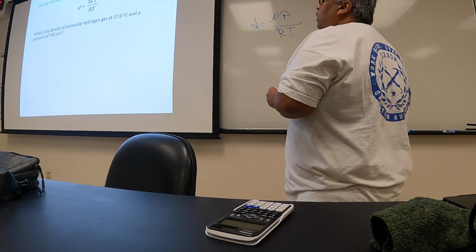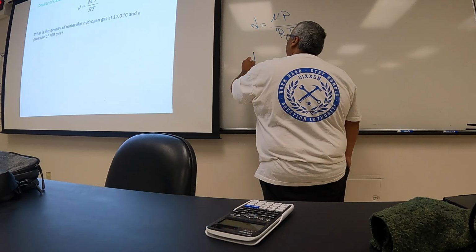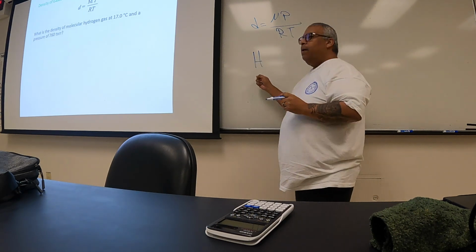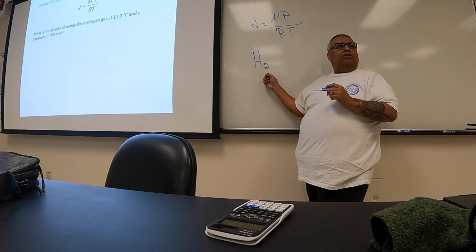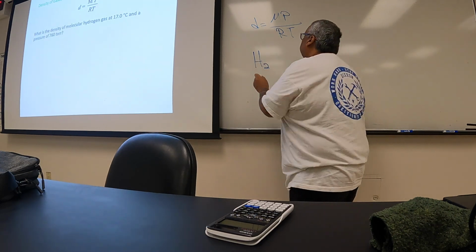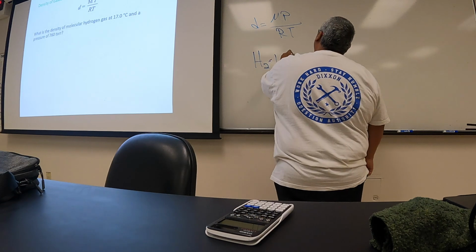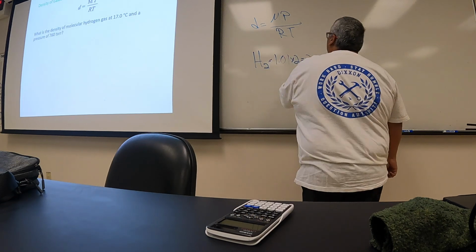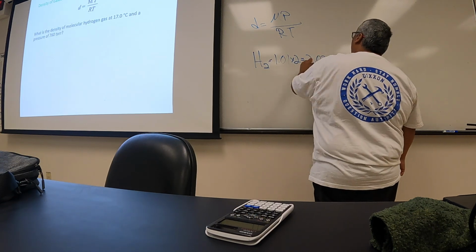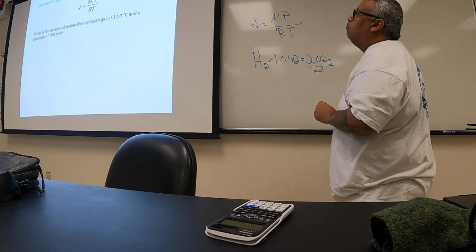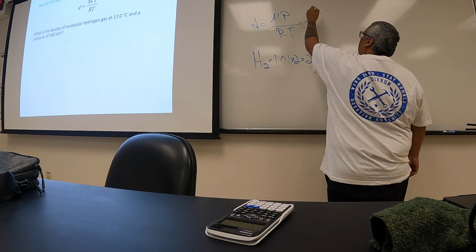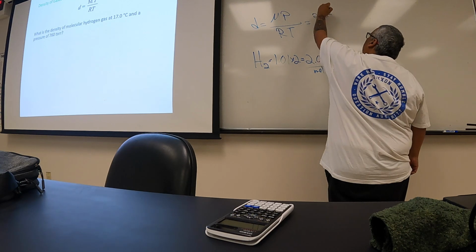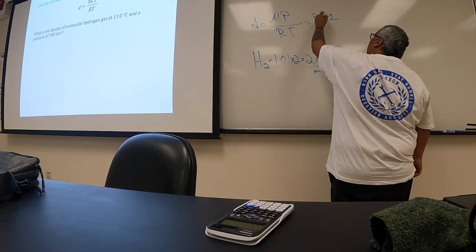So what's the density of molecular hydrogen? So when it talks about molecular hydrogen, this is molecular hydrogen as a molecule. So this is 1.01 times 2. That's going to be 2.02 grams per mole. So what is our density? Our density is going to equal 2.02 grams per mole.